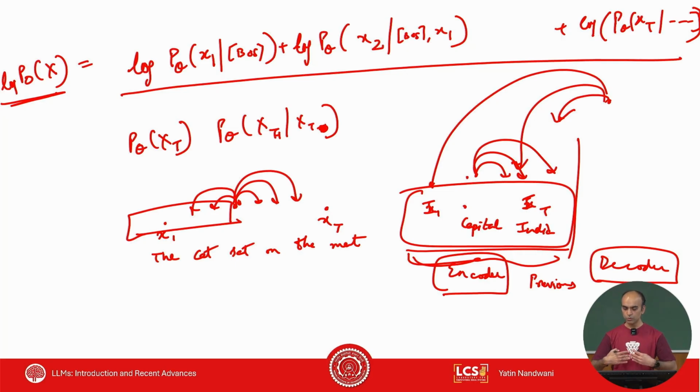They get the information from the input through the encoder, which is much more efficient than a decoder only model, because it can look into the future as well.